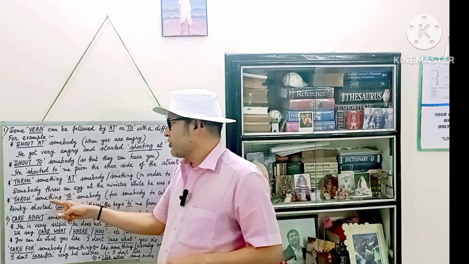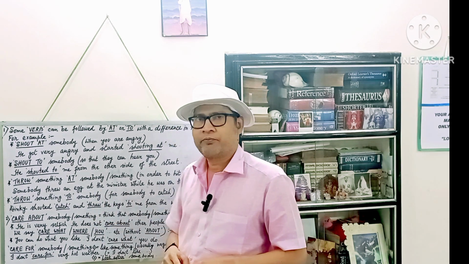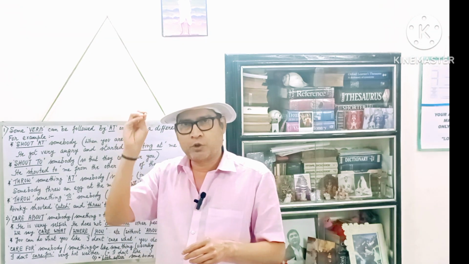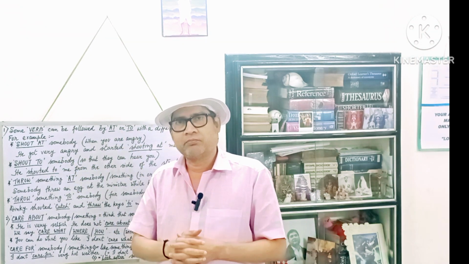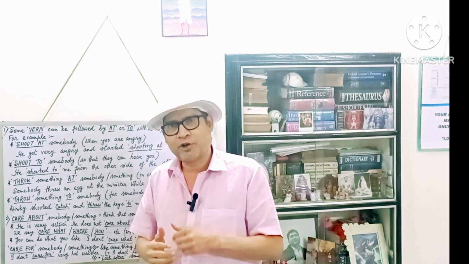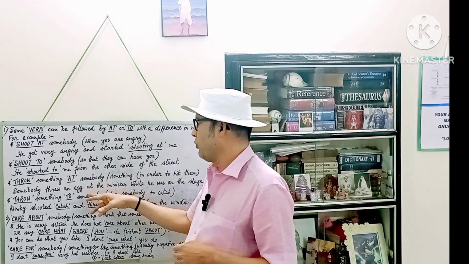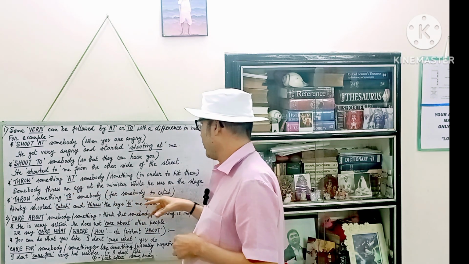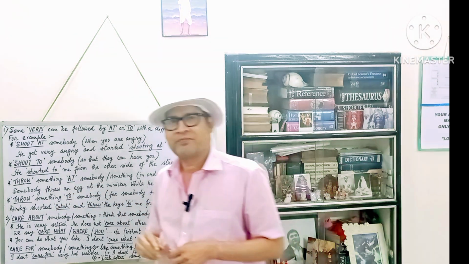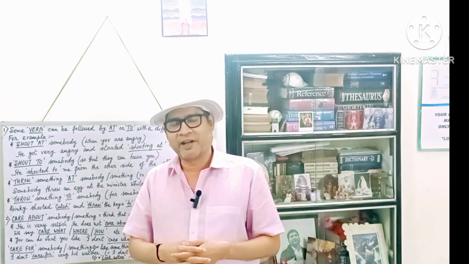So throw something to. Next one is throw something to somebody. When you throw something to somebody, what does it mean? Do you intend to hit that person? No, of course not. But you throw something to somebody for somebody to catch, as the players do, cricket players, cricketers.